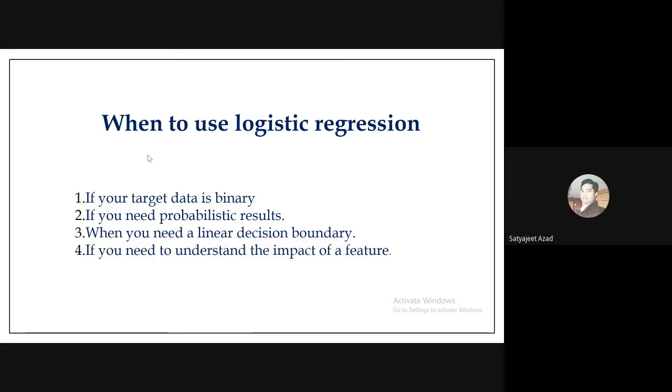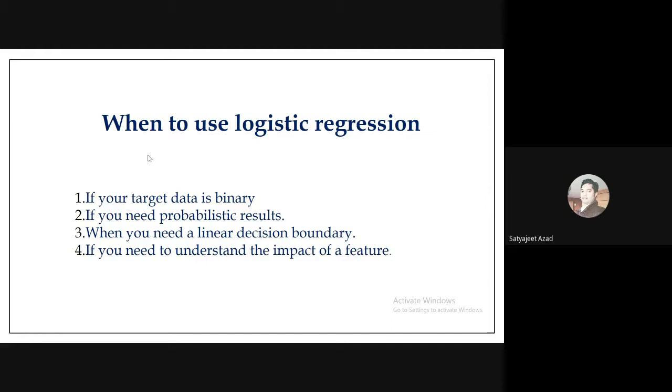If you need a probabilistic result, in that case also you will apply logistic regression. When you need a linear decision boundary, I have shown you that there was some decision boundary. Logistic regression uses a linear decision boundary, whereas decision trees use a non-linear decision boundary to predict the new outcome.